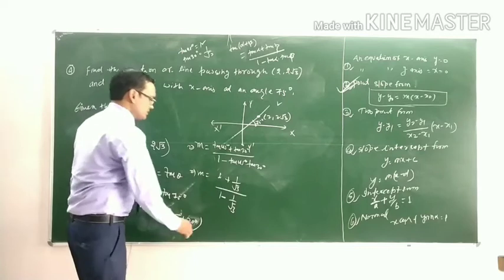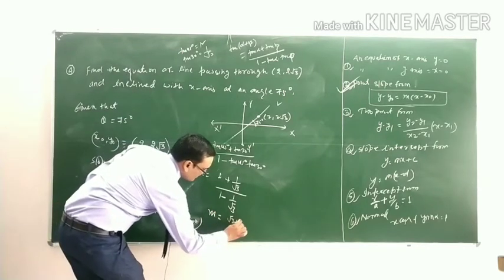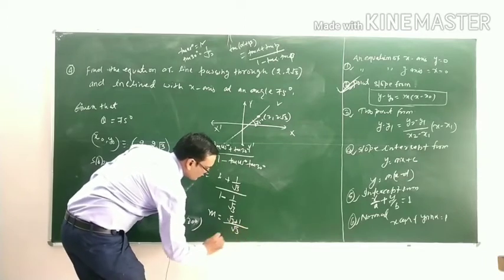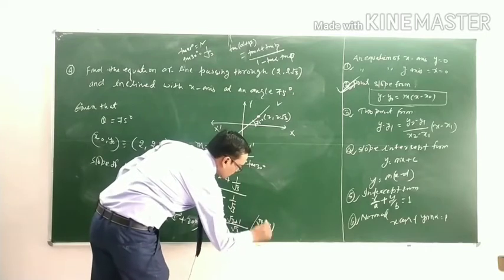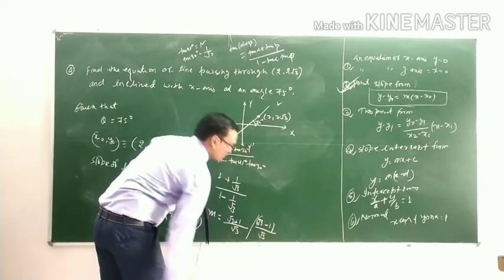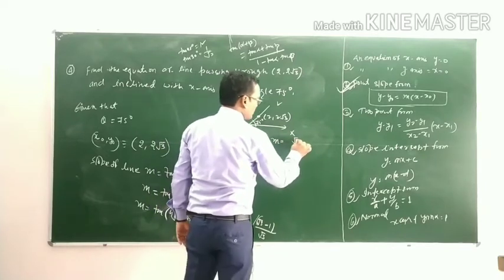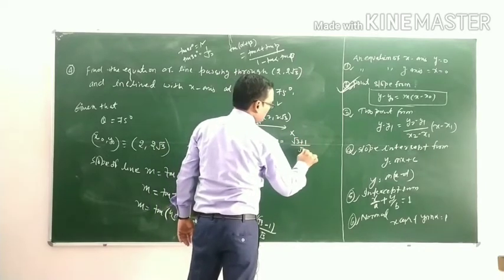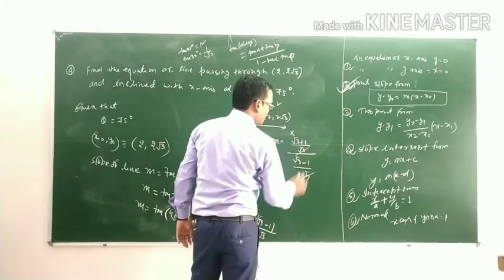Okay students, this implies m equals ((√3 plus 1) upon √3) upon ((√3 minus 1) upon √3). The √3 will be cancelled.